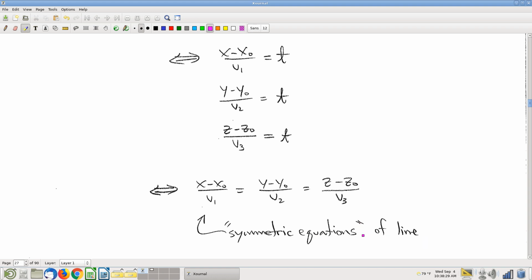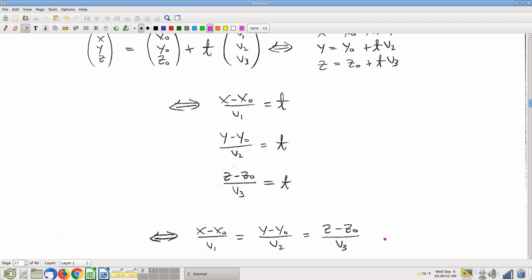In fact, we call this the symmetric equations of the line. Okay. But it's a point tester. It's just like the equation of a line in R2. You just need more of them if you're in R3. Everybody on board? Okay.